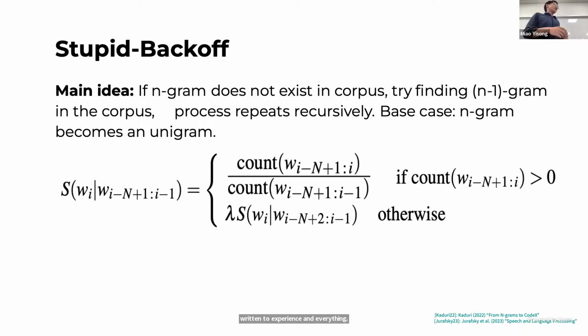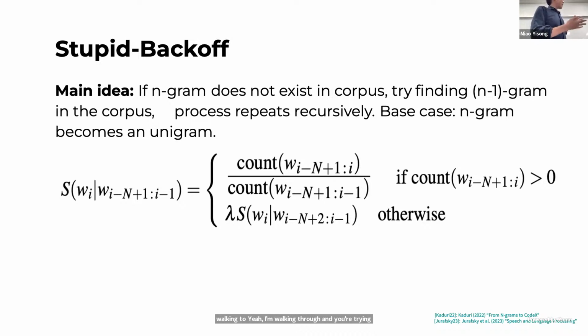That means that if, let's say, you are trying to predict the word after a forward context, like "I am walking to the", and you are trying to predict the word "park", and you realize that you can't find "I am walking to the park". So instead you try the context "I am walking to" and predict the word "the" instead.